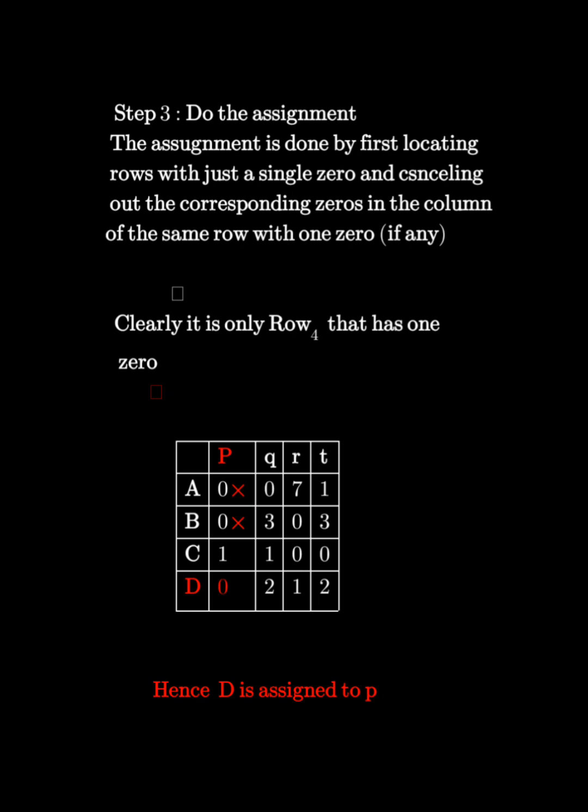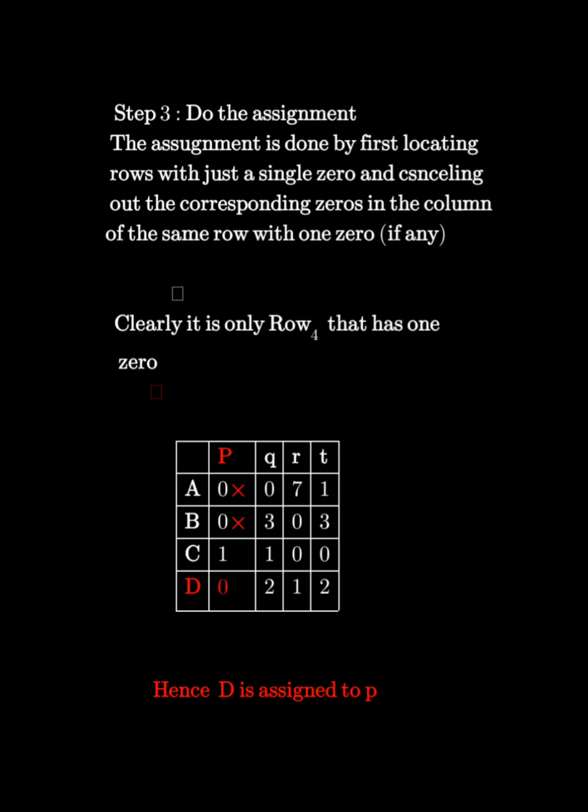You can see clearly that I'm using a red pen to indicate the zeros. You see those ones that I striked. Row 4 is assigned to P. So D is assigned to P. Every other corresponding 0 that we have in the column of row 4 is going to be striked down.